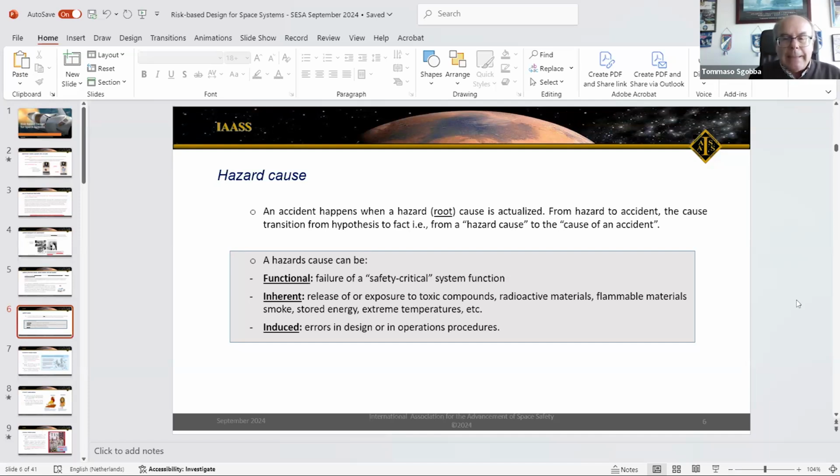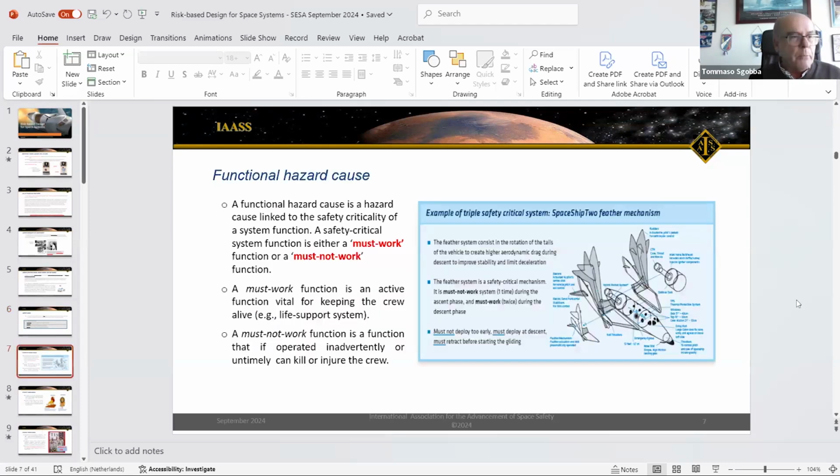So basically, a design error for something which is notoriously required is considered an induced hazard cause, and in the investigation of a design, we also look to prevent certain design errors or manufacturing errors from being made. These are the hazard causes which we want to remove.